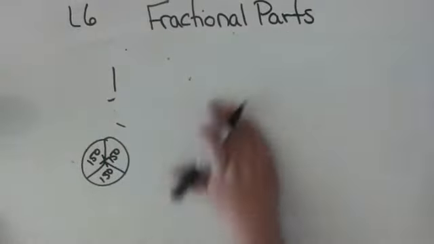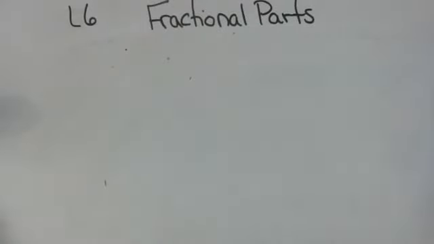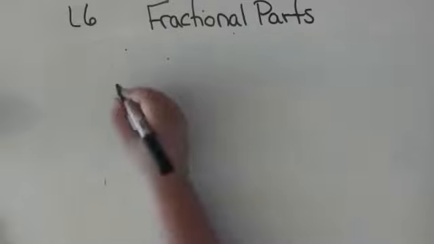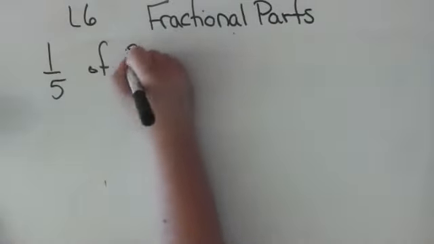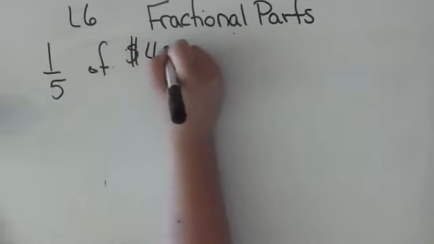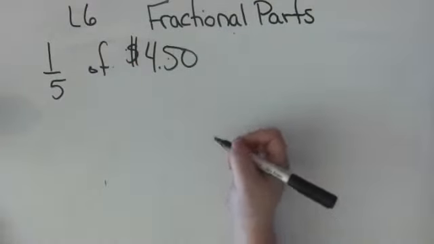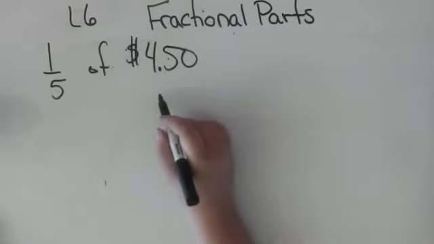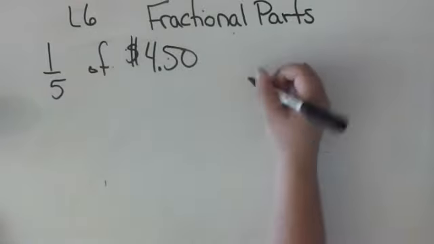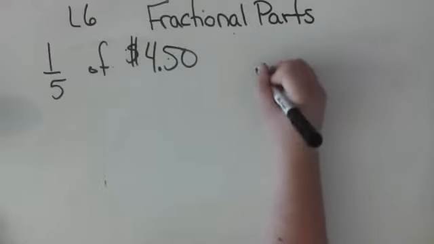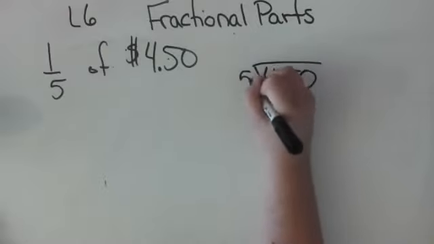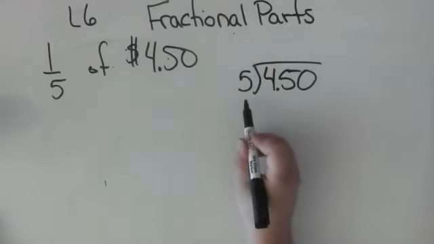We'll do one more as an example. Let's find 1/5 of $4.50. Now, even though this is money, you're still doing the same thing. You are still dividing 450, or $4.50, by the denominator, which is 5, because you will now have 5 groups you are putting $4.50 into.